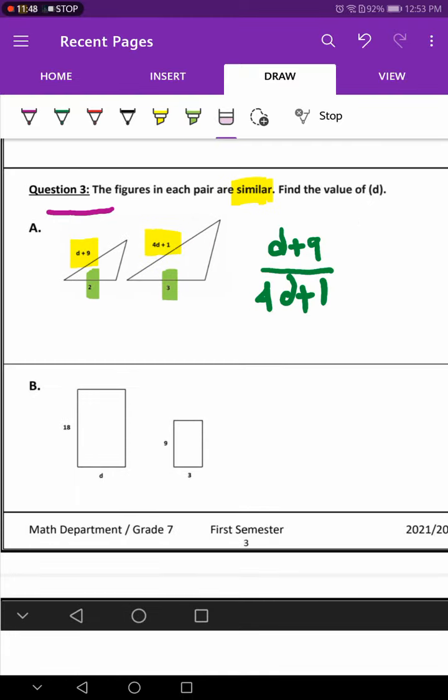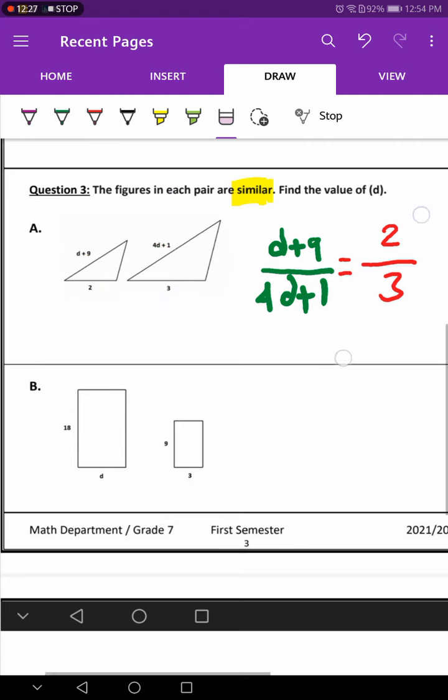Okay, but don't tell me like this: D plus 9 over 4D plus 1 equal 3 over 2. Okay, it is not correct. Be careful. Now this equals 2 over 3. So my boy, if you're moving from small to big, continue moving from small to big on the other sides. Okay, don't inverse the direction. Keep moving in the same direction, my boys.